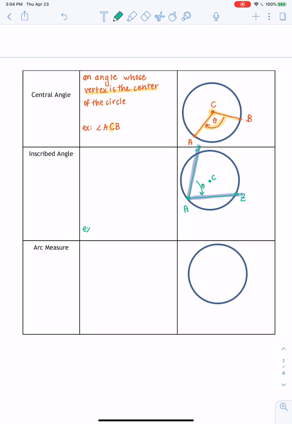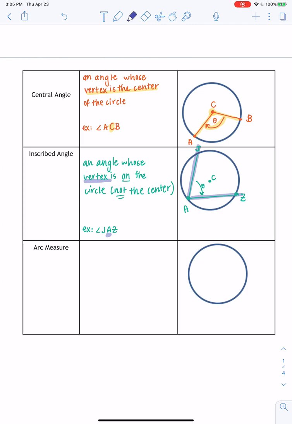So example, angle JAZ is an inscribed angle, and this is an angle whose vertex is on the circle, not the center. So the vertex here is going to be point A.